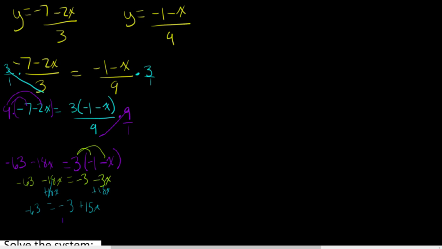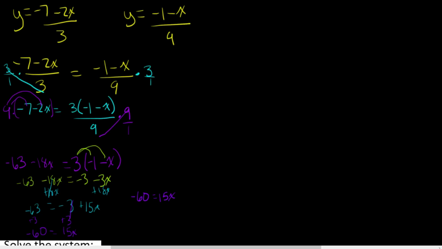From this point, I can add the 3 to both sides. And I'll get negative 60, excuse me. Negative 3 plus 3 will cancel out. And I'll get 15x. I'll just go ahead and bring that over to the side here. So we've got negative 60 equals 15x.